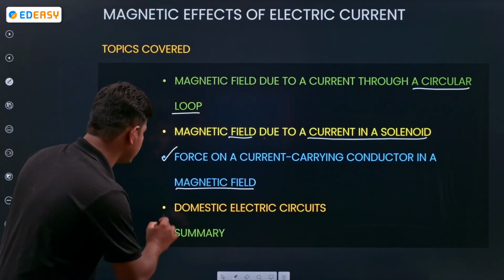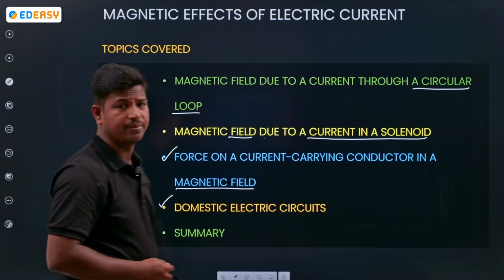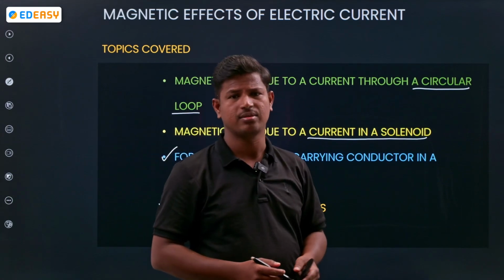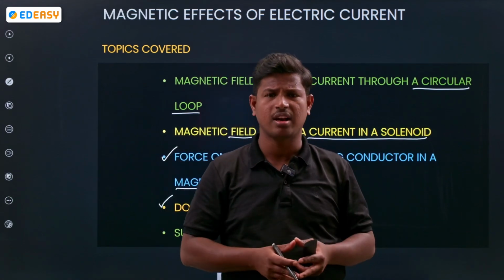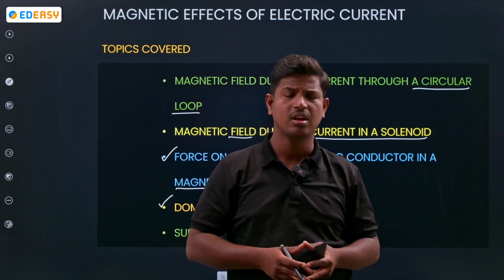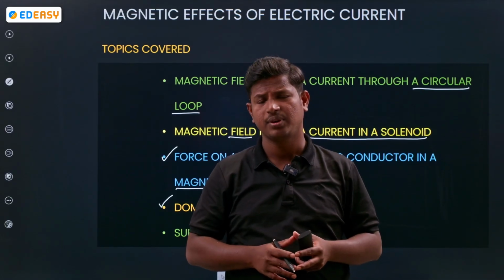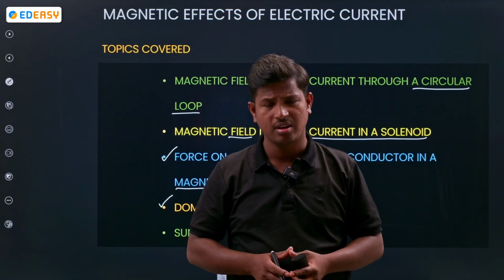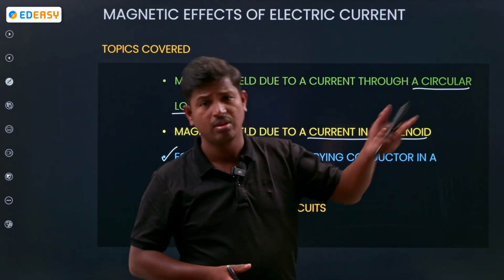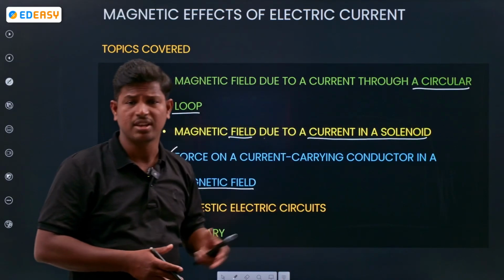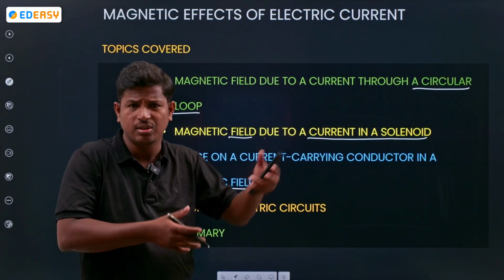Next is the domestic electrical circuit. If you construct a house, how do you give electricity to it? You need to get permission and take care of a lot of things, right? It's not easy, right?